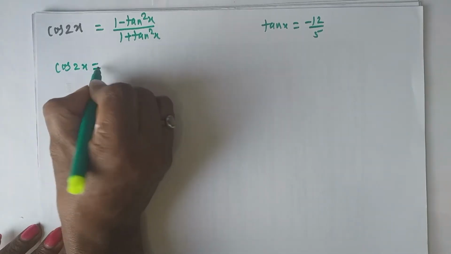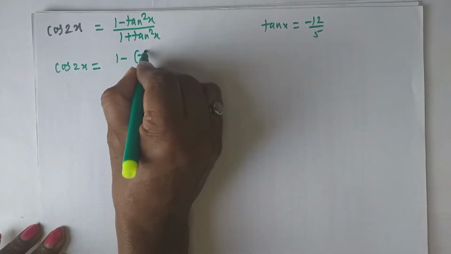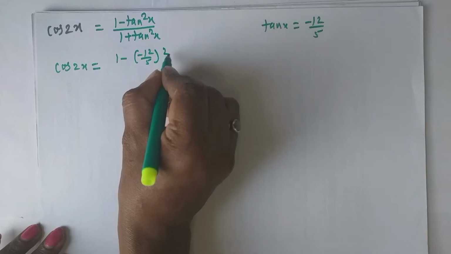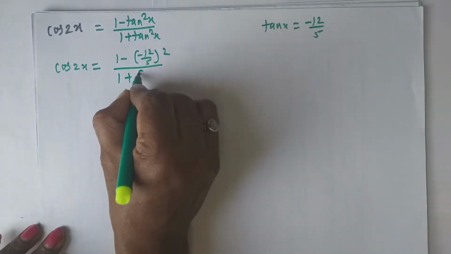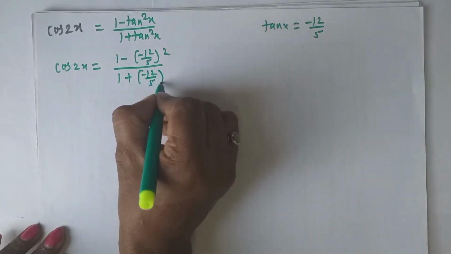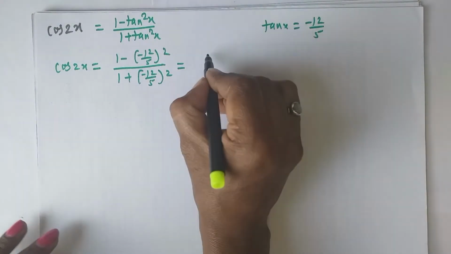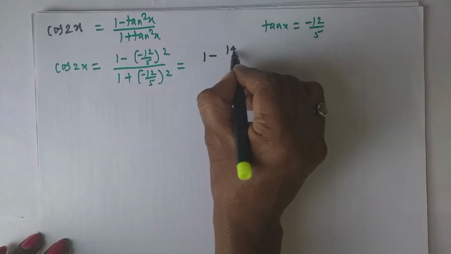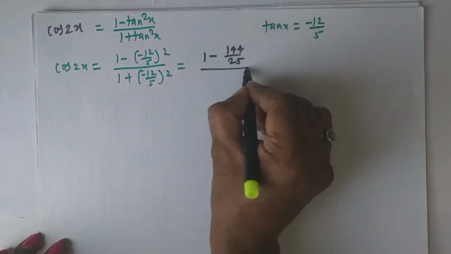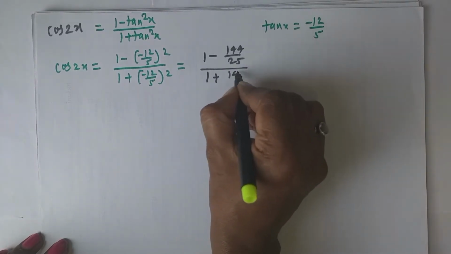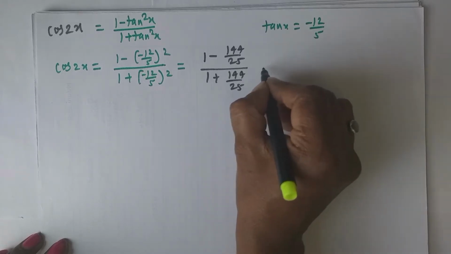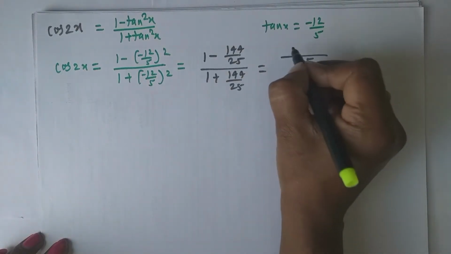Then the value of cos 2x will be 1 minus minus 12 by 5 square divided by 1 plus minus 12 by 5 square. After simplification, what will this be? This will be 1 minus 144 divided by 25, and this will be 1 plus 144 divided by 25. Now take the LCM. LCM will be 25.